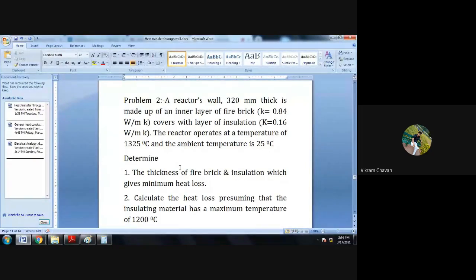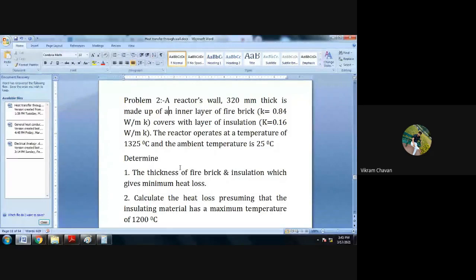Okay, so we have to determine these two unknown quantities. We have to consider one reactor, and that reactor's working temperature is 1325 degrees Celsius. The complete thickness of the reactor wall, made up of fire brick and insulating material, is 320 mm, and the two thermal conductivities of the two different materials are provided.